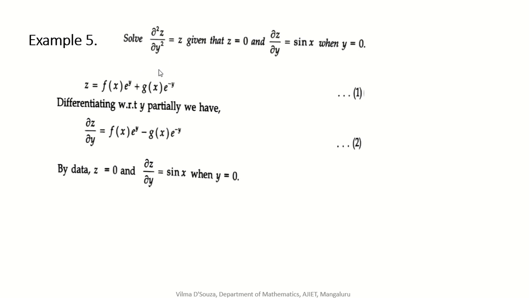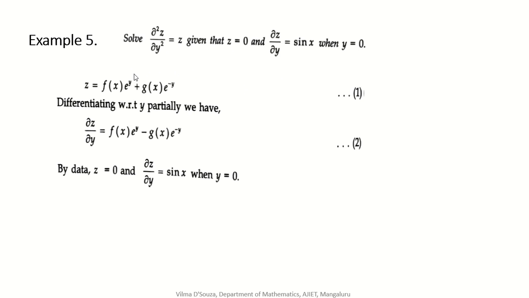Auxiliary equation is m square minus 1 equal to 0. Roots are m is equal to plus or minus 1. So what is the solution of the ODE? z is equal to c1 e power y plus c2 e power minus y.